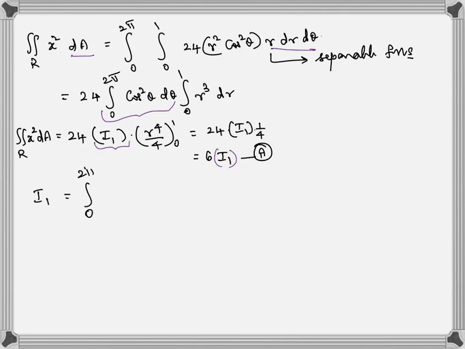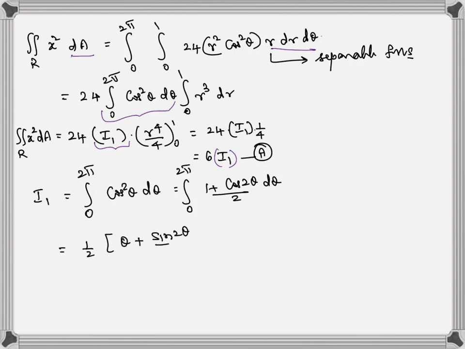So I1 is the integral 0 to 2 pi of cosine squared theta d theta. Using the double angle formula, cosine squared theta equals (1 plus cosine of 2 theta) over 2, we get 1 half theta plus sine 2 theta over 4 between the limits 0 and 2 pi.